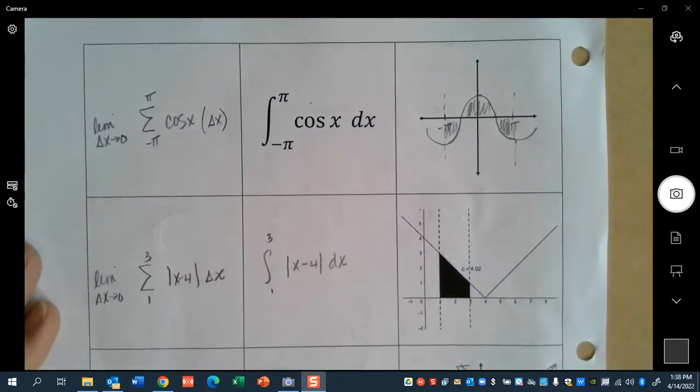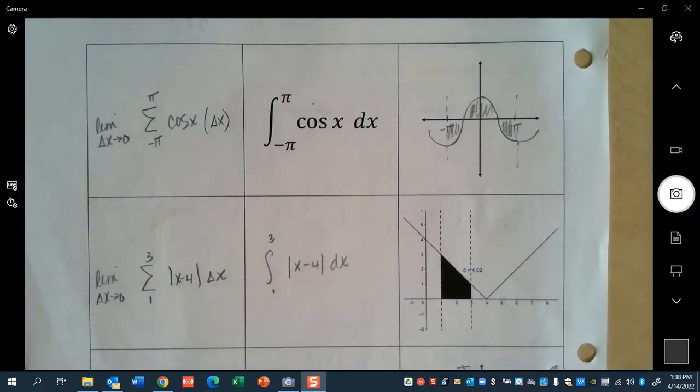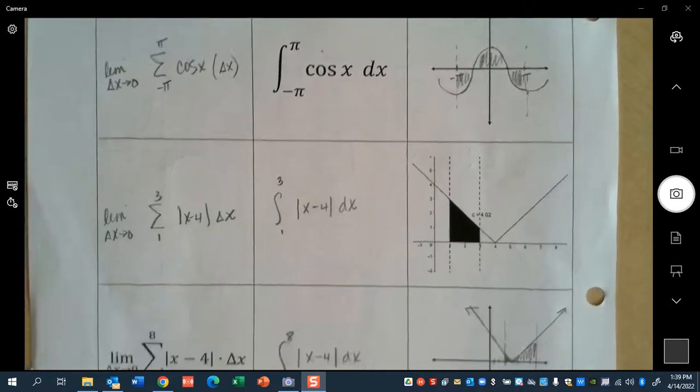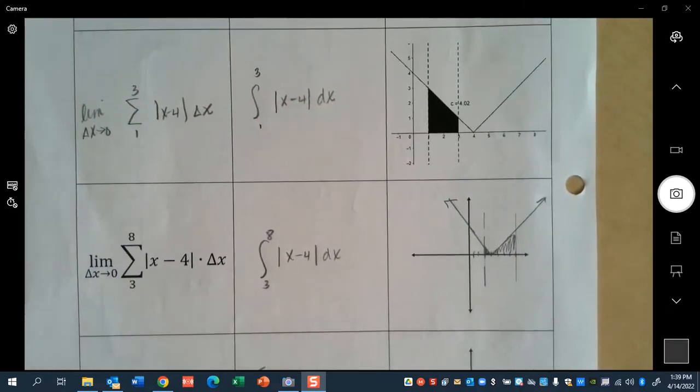Okay, let's see over here. So when I'm finding the cosine, your cosine graph is this one. But it's not from 0 to 2 pi, it's from negative pi to pi. So I went ahead and graphed it on both. I think I'm okay there. Yeah. And then this one, see how the minus 4 is inside the absolute value, that's what shifts this over this way.